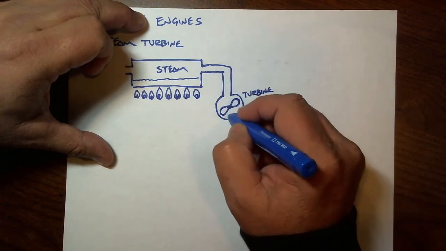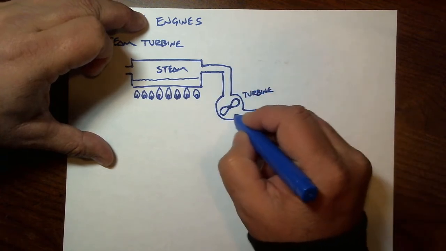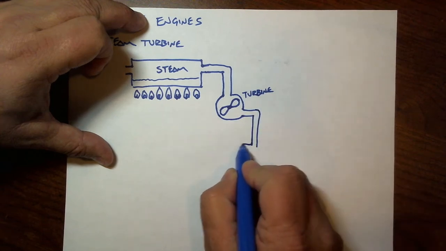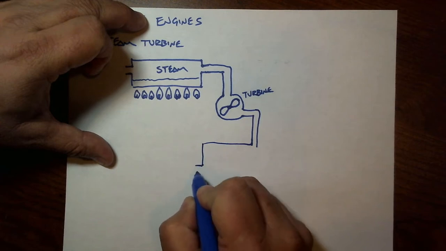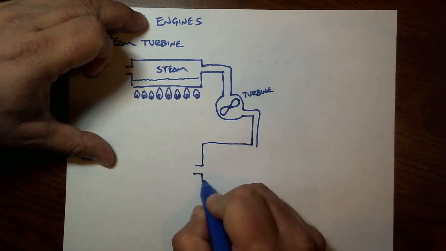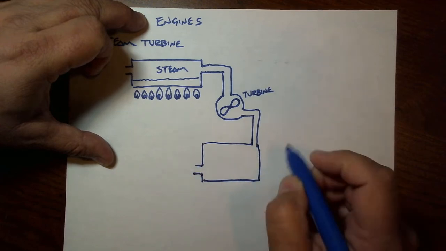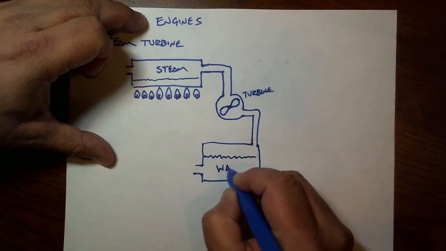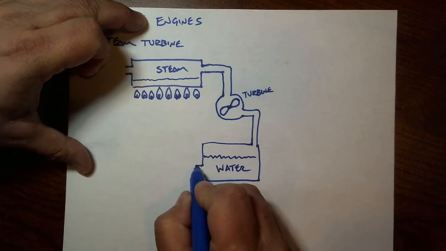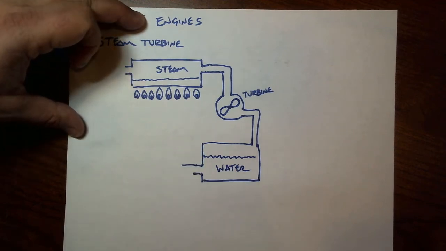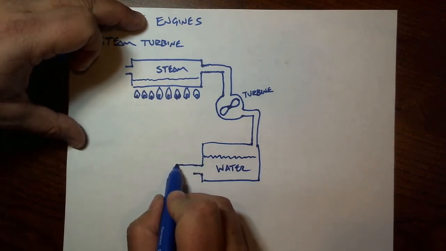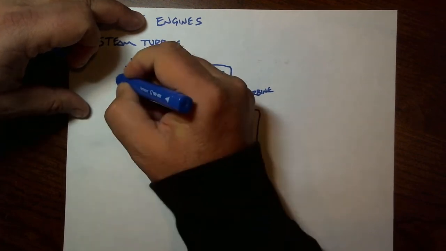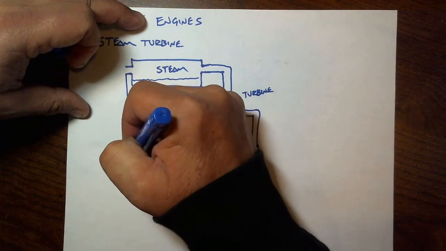And after the steam spins the turbine blades, it's at a lower pressure, so it falls down here, and we need to collect it into another container, which is the condenser, and that allows the steam to condense back into water, whereupon we pump it back into... oh boy, I better get this right.